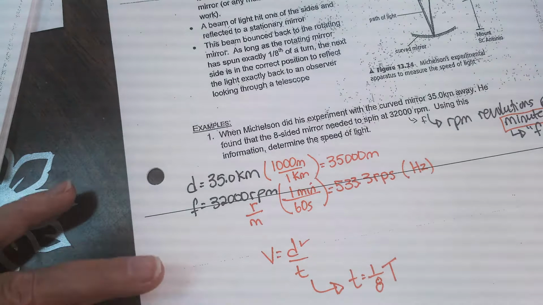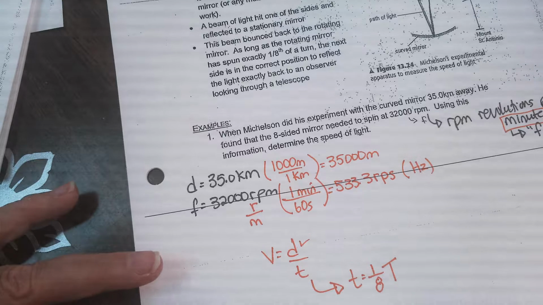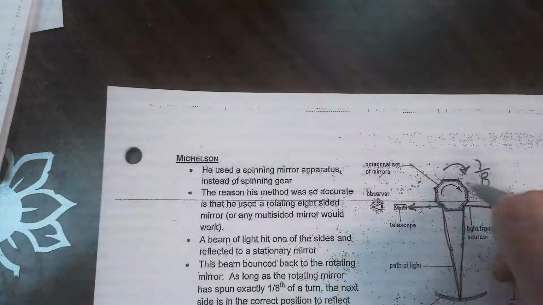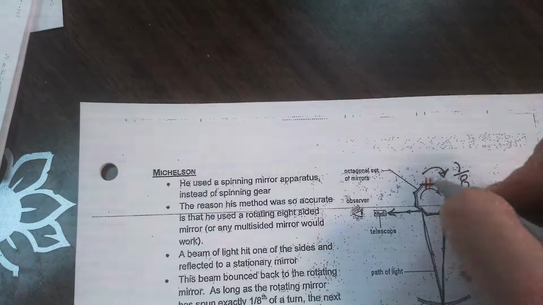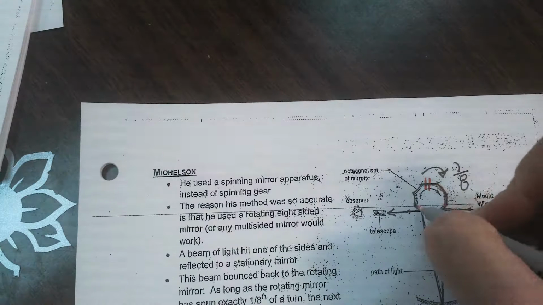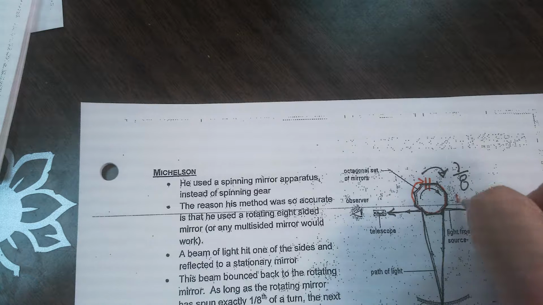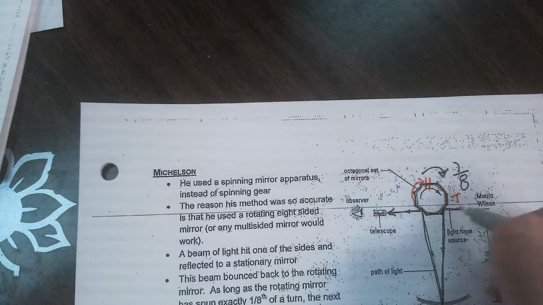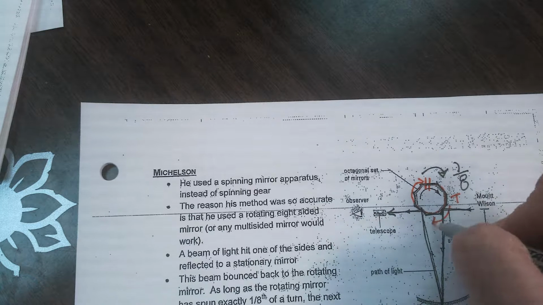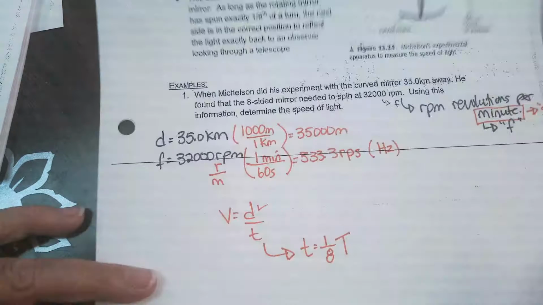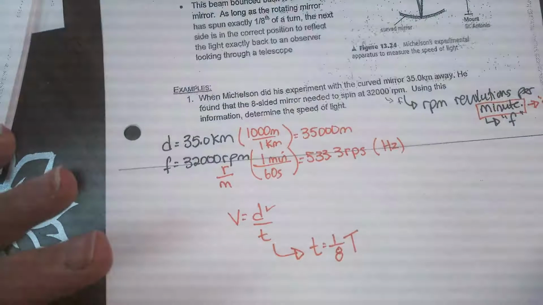Because the period is the time it takes to complete that whole revolution. So for this point here, to go all the way around and back, that's 1 period. But when it just flips from here to here, that's 1/8 of that time frame. So we just need to look at 1/8.